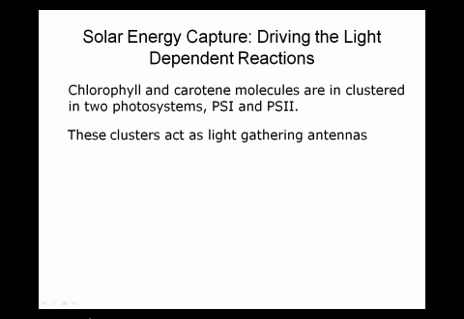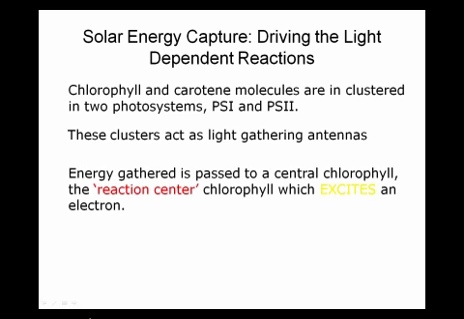But these photosystems act like little light-gathering antennas. So they are going to absorb specific wavelengths of light, and the energy from those wavelengths of light is going to be passed around through these chlorophyll molecules until it reaches two specific chlorophyll molecules which are called the reaction center.